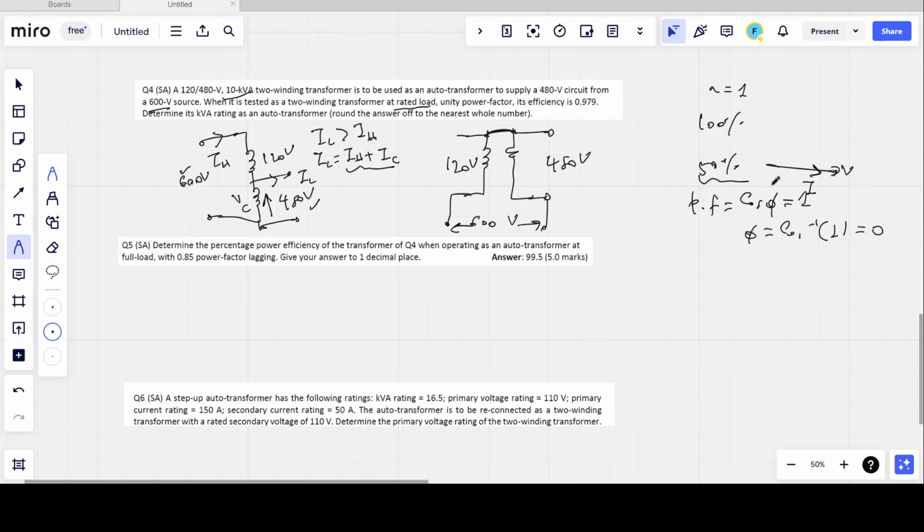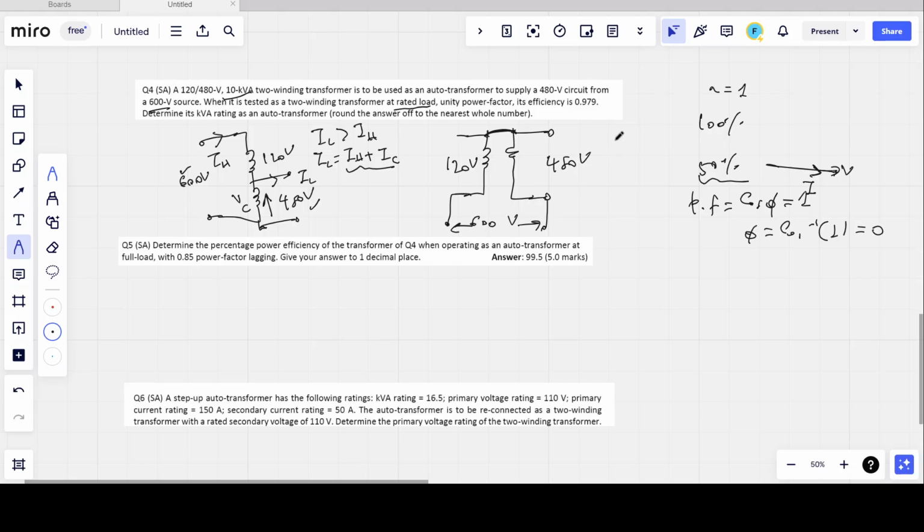Now its efficiency is 0.979, and this is per unit, right? So that's the efficiency, which is about 97.9% in percentage. In per unit, it is 0.979.